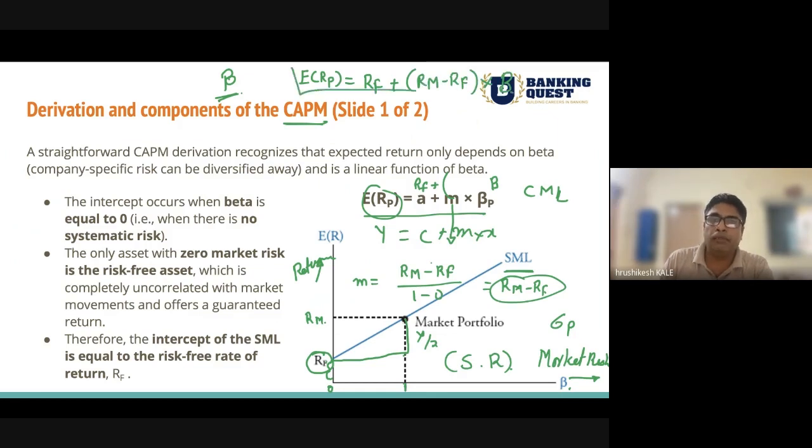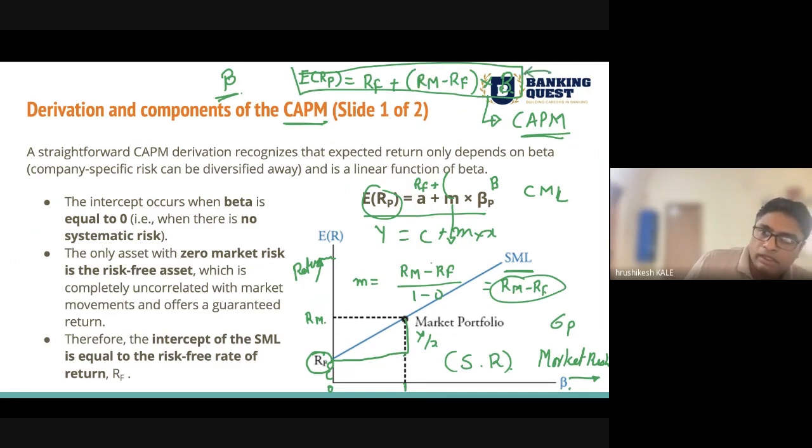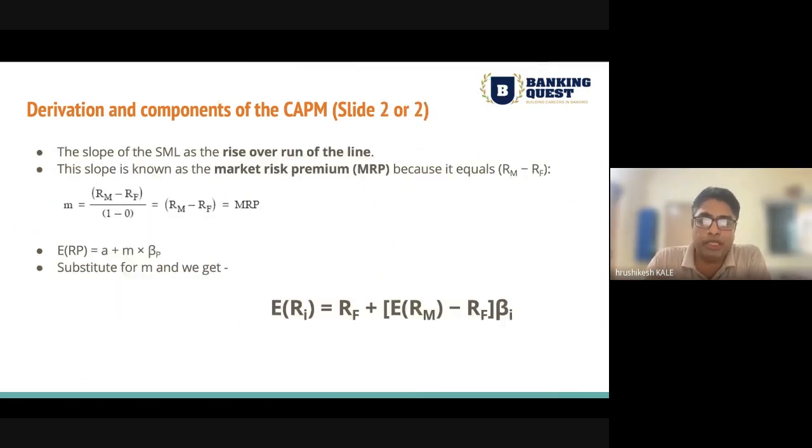And this is the formula for calculation of CAPM, the capital asset pricing model. So if you know beta, the risk-free rate, and the return of market, you can calculate the expected return of the portfolio. Any question here? Perfect. Let's move ahead then.